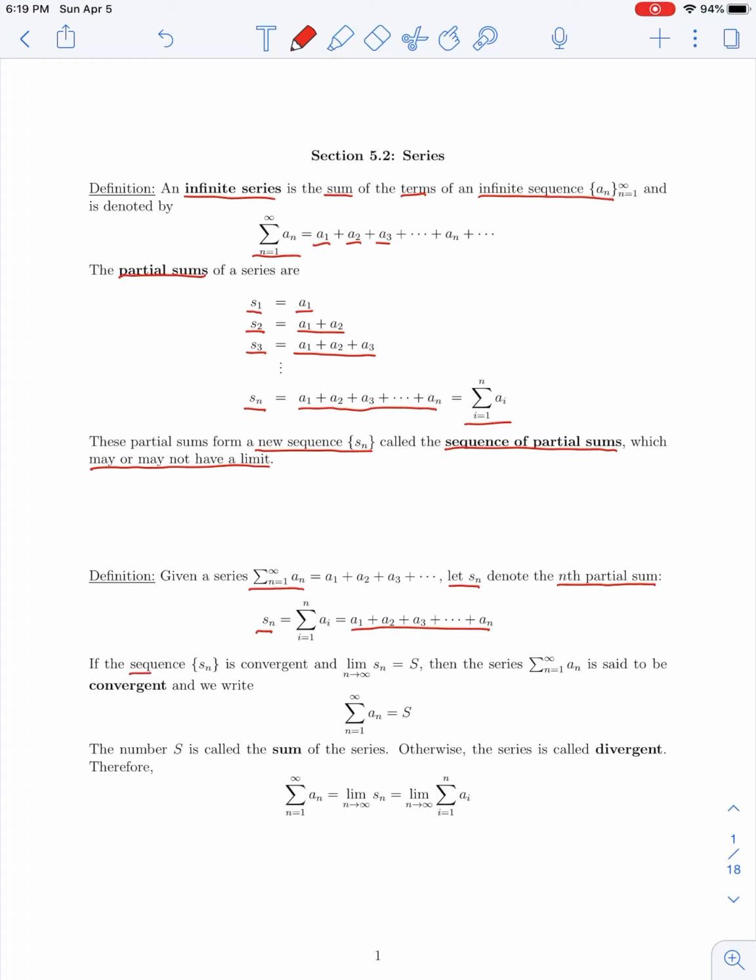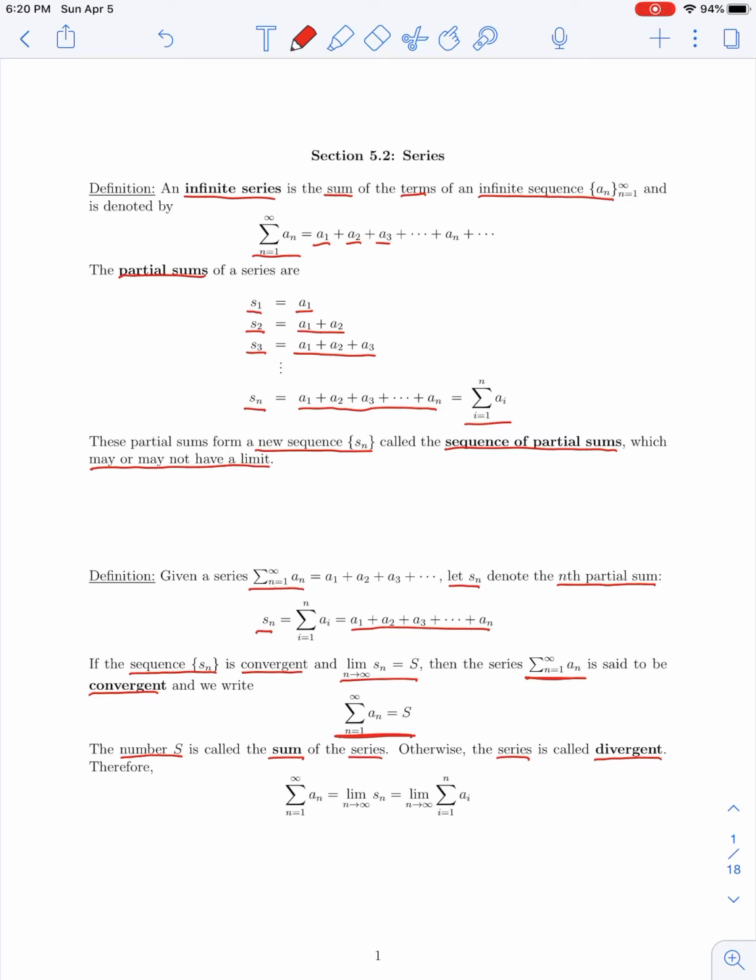Now, if this sequence of terms S sub n is convergent and has a limiting value of capital S, then we would say our infinite series is convergent, and we write that the infinite series is equal to S. This number capital S is called the sum of our series, and if our sequence of partial sums does not converge, then we would say the series is divergent.